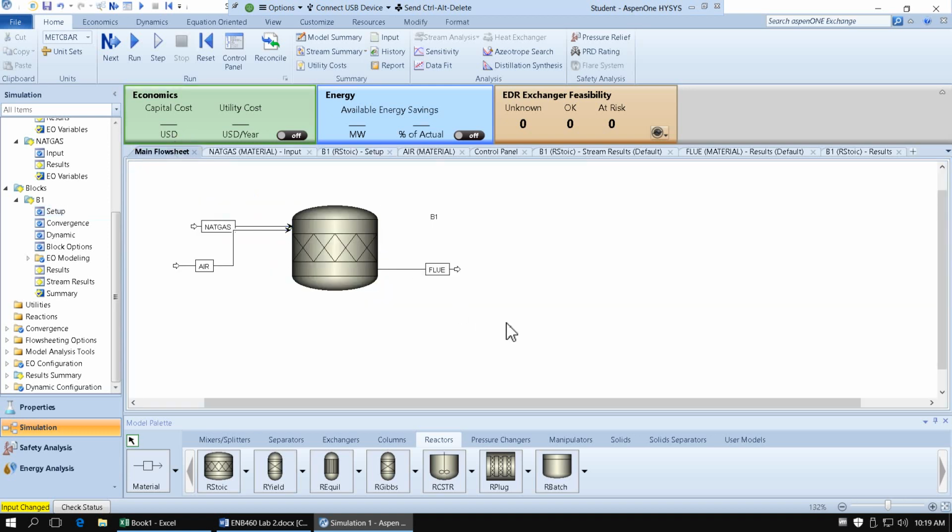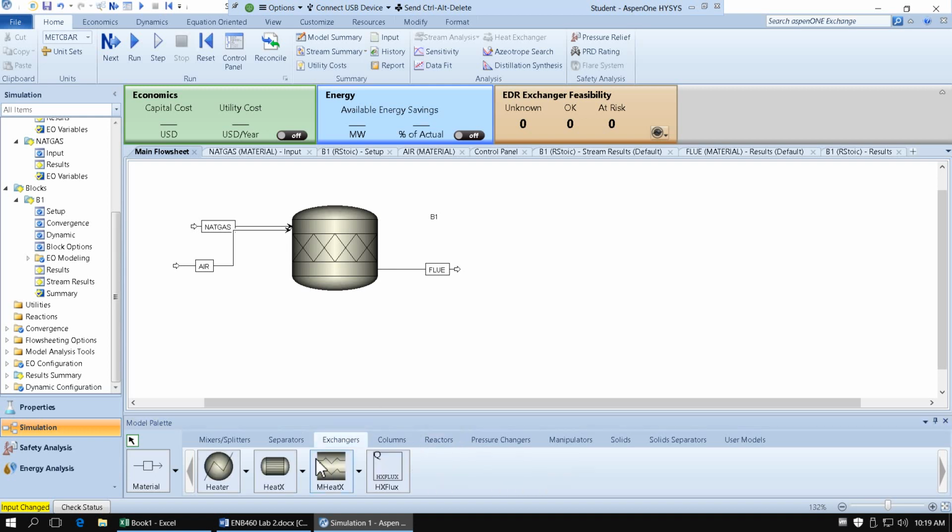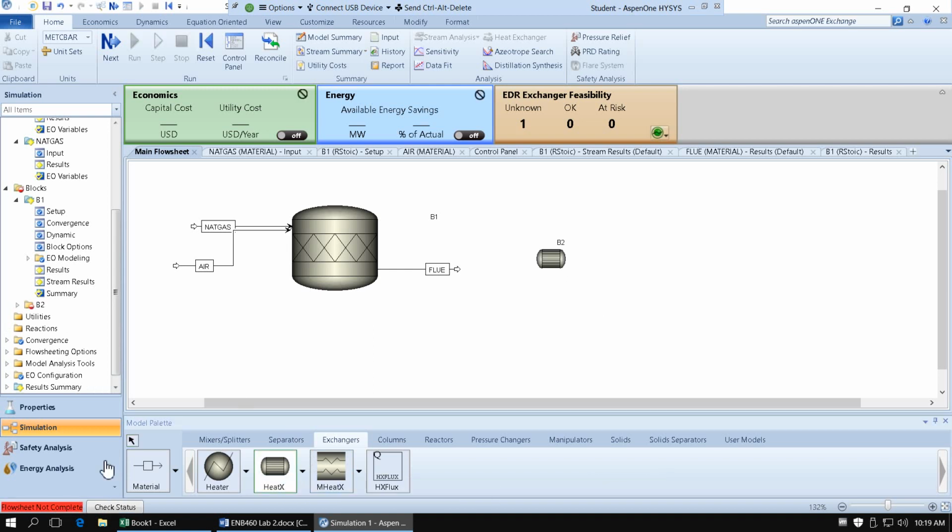Okay, and then we need to use a heat exchanger. So under the exchangers tab on the model palette, we'll use one of these two-stream heat exchangers there. And then connect the flue. Just enlarge that. Connect the flue stream.